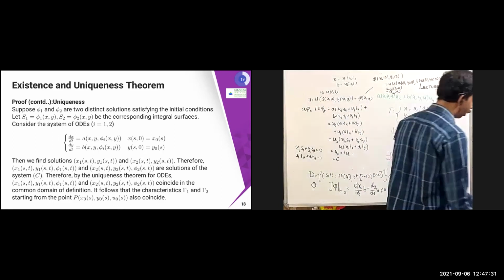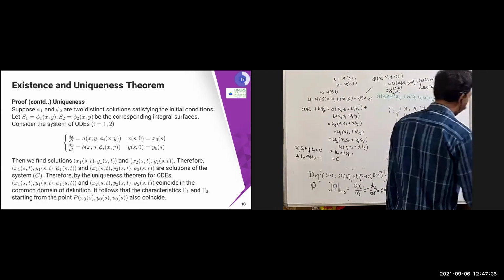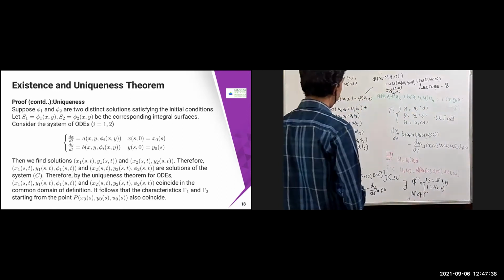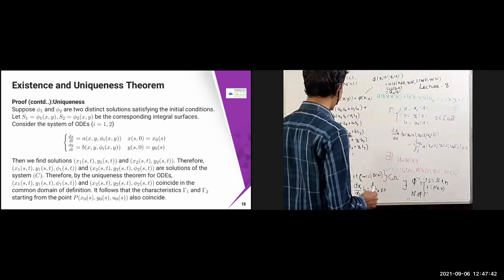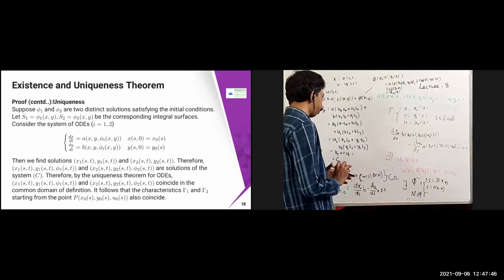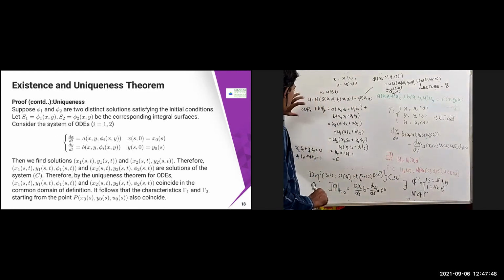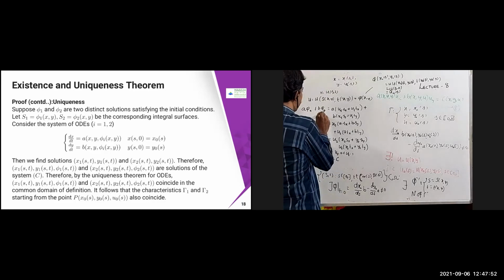So from this, what we are going to prove is that we have already proved the existence. Now we are trying to prove the uniqueness only. So how are we going to prove the uniqueness? Phi satisfies two conditions. One is a phi_x plus b phi_y equal to c.